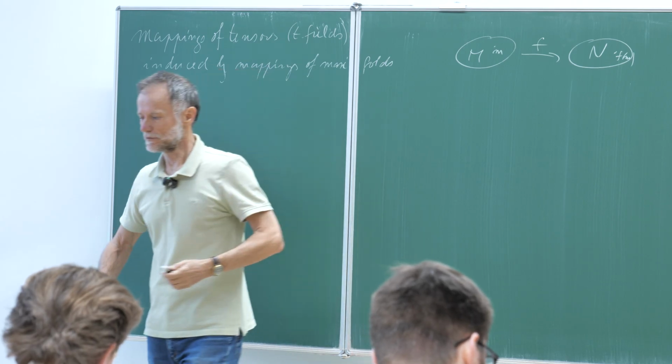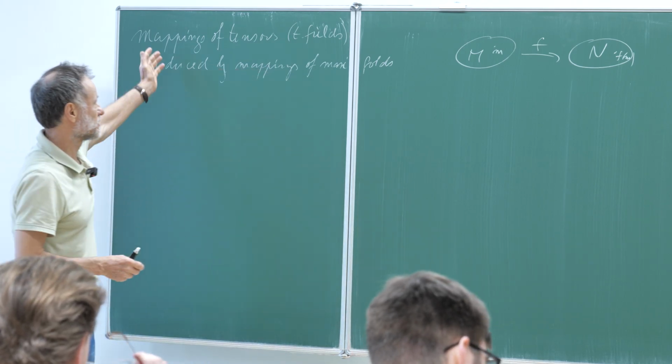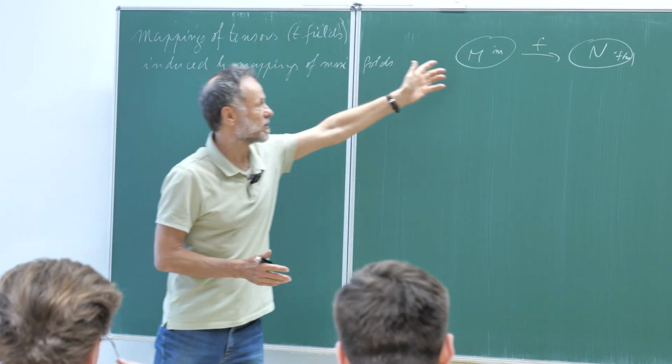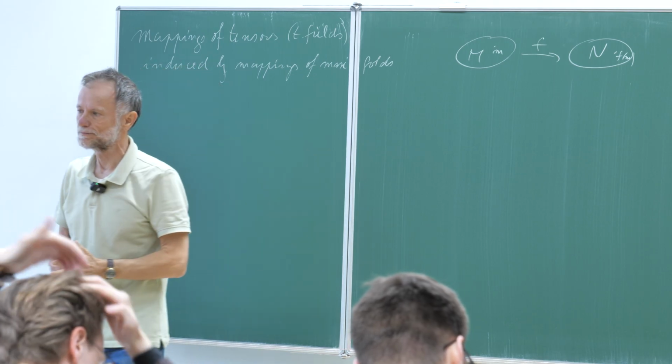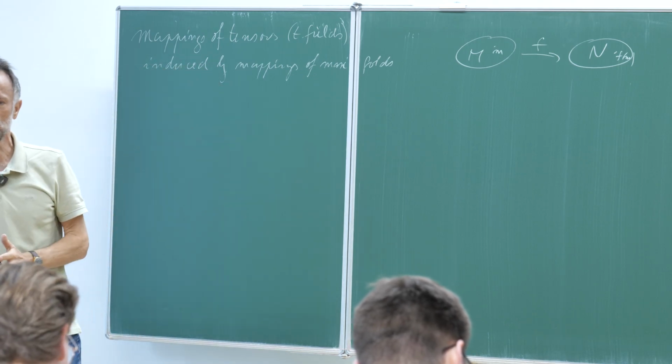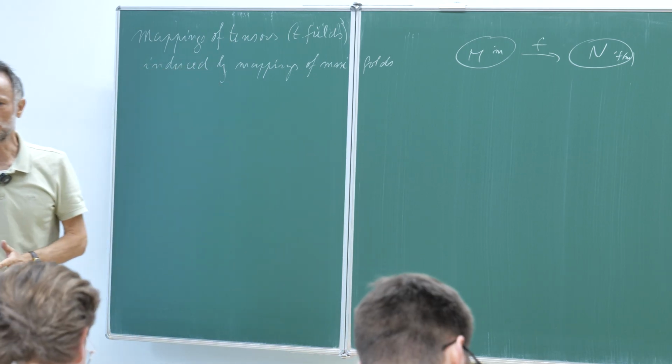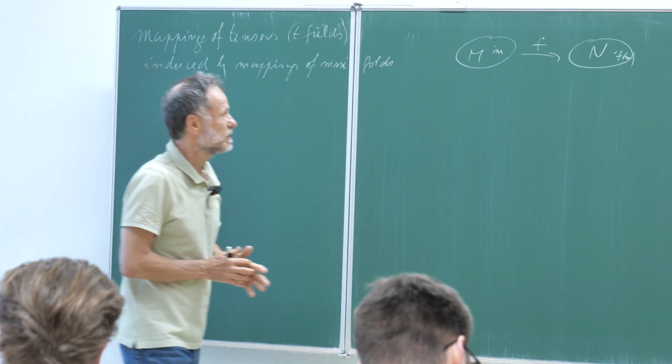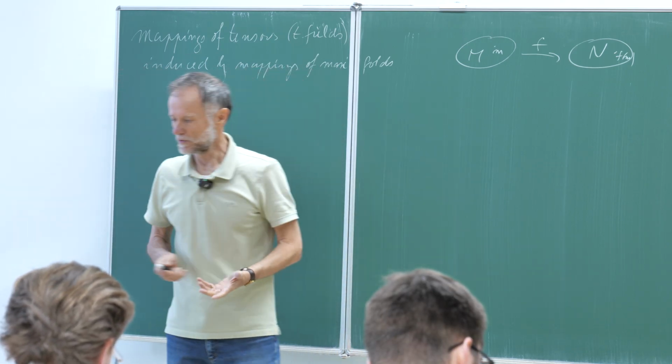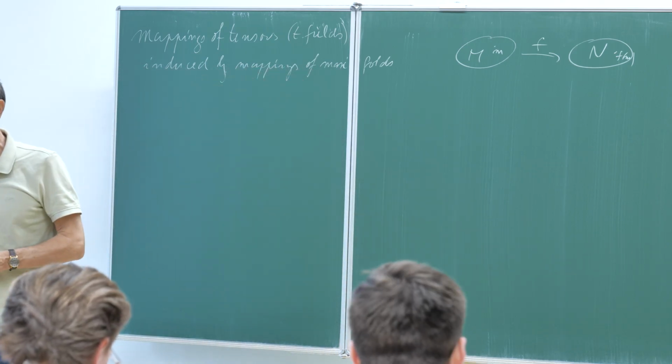In particular, the most important class is that there can live tensor fields on these manifolds. There are also other quantities, but this semester we will not mention them. But tensor fields are the most important objects on manifolds for us.